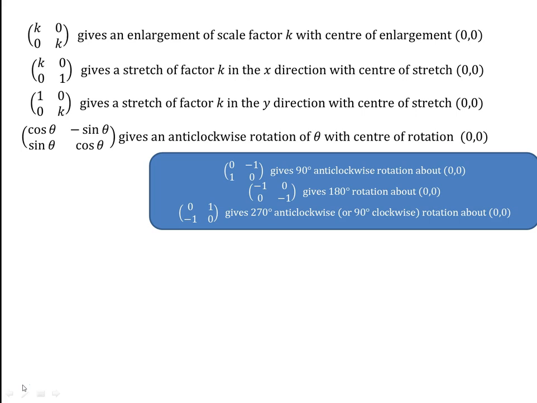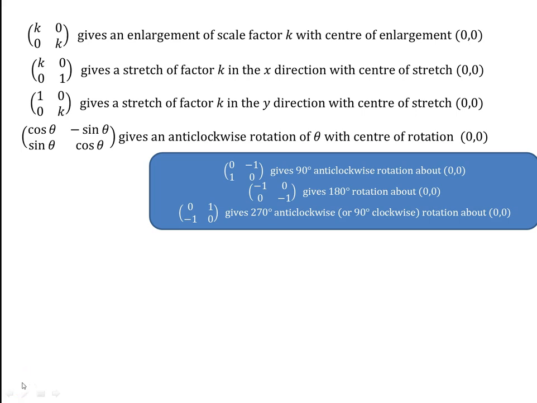If theta equals 180, we've got minus 1, 0, 0, minus 1, which gives us a 180 degree rotation. And if we put theta equals 270 in, we get 0, 1, minus 1, 0, which gives an anticlockwise rotation of 270 degrees, or equivalently a 90 degree clockwise rotation.